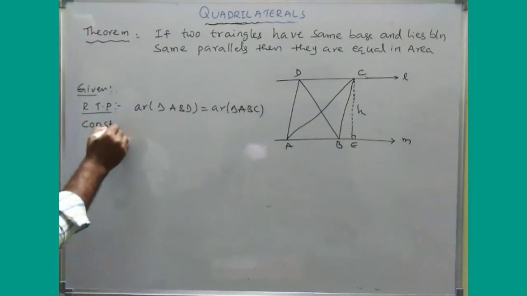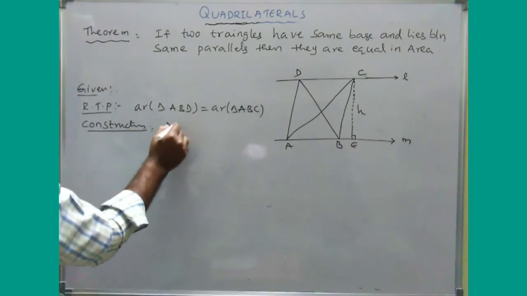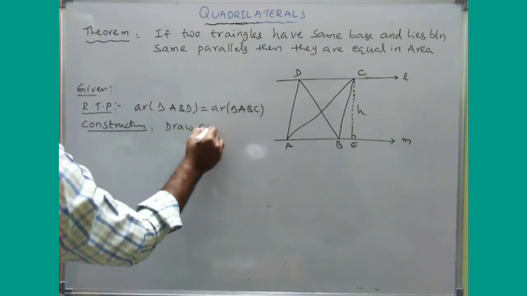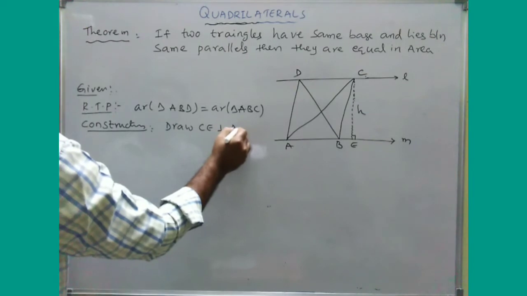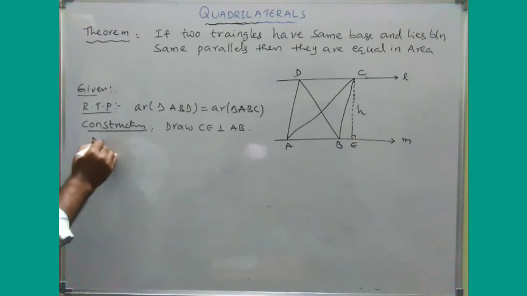Coming to construction, draw CE, which is perpendicular to AB. So the proof is very simple.